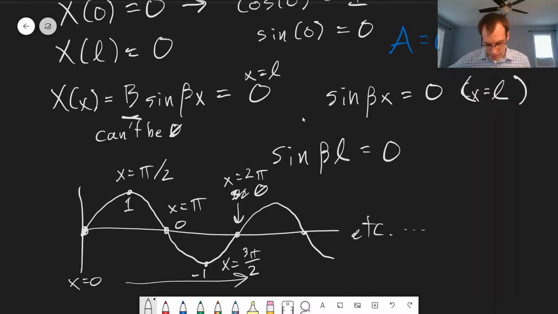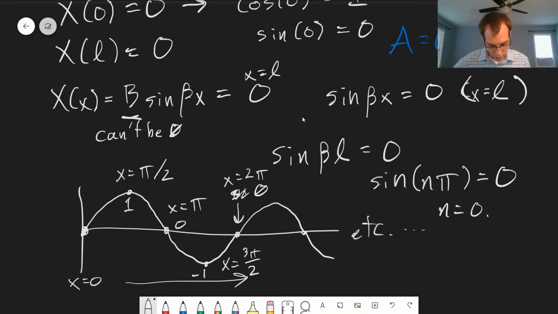And so what we see is that the only time sine is equal to 0 is at integer values of pi. Sine of n times pi is equal to 0, where n equals 0, 1, 2, etc. Only for integers.